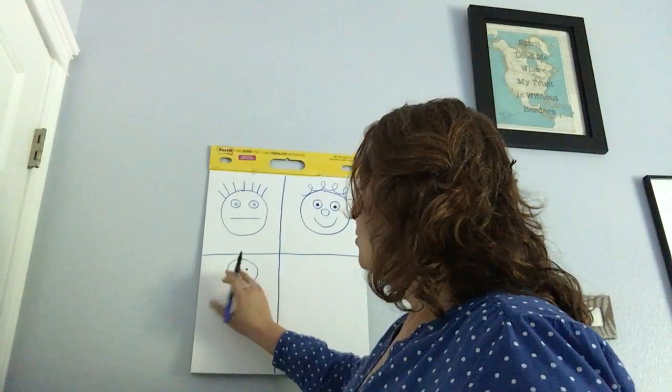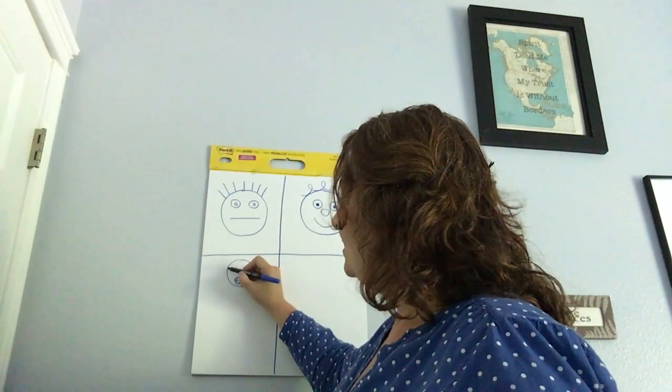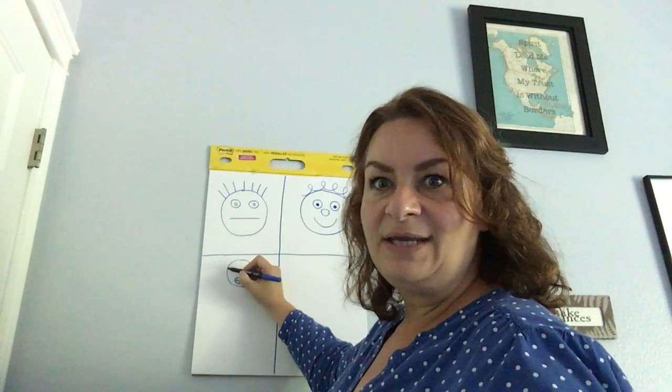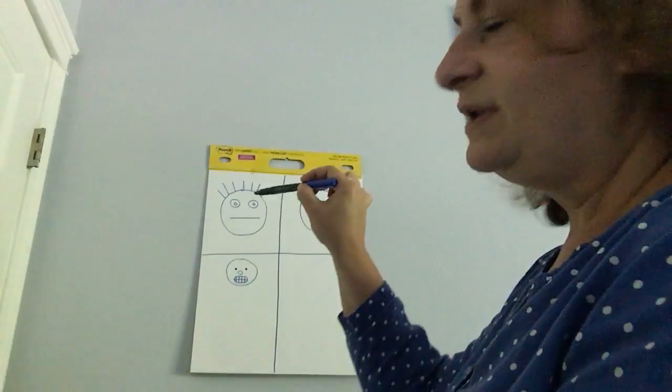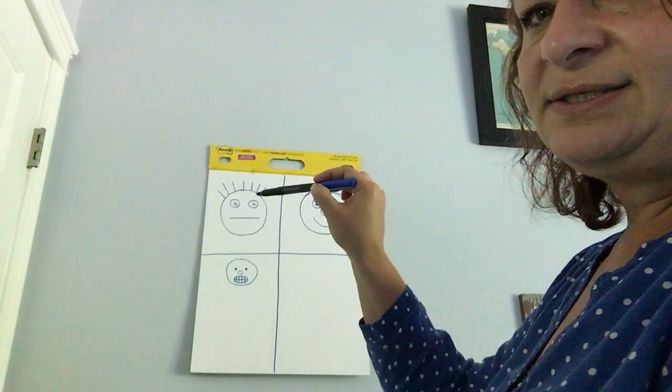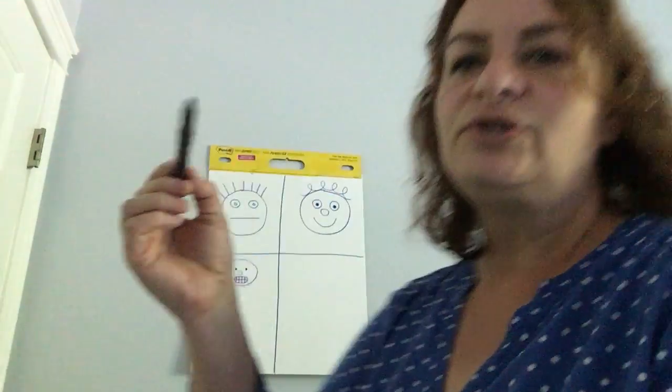Now, we're going to go over to the side and we're going to create a curved line like this. So we're going to turn towards you and we're going to go in the air, a curved line.